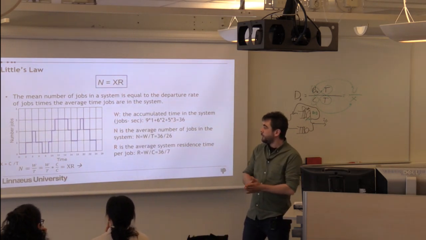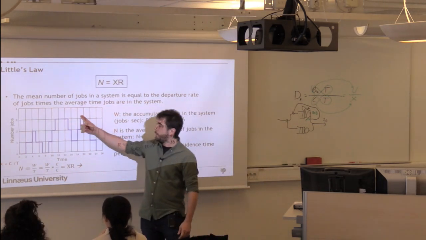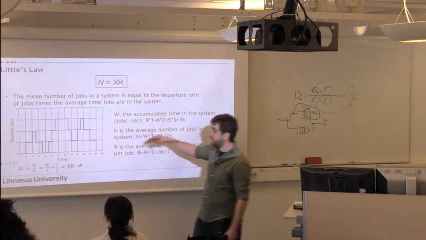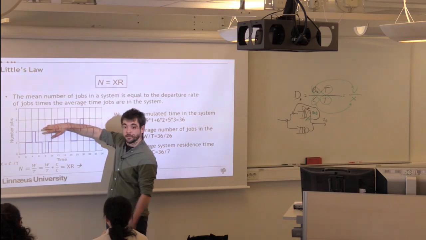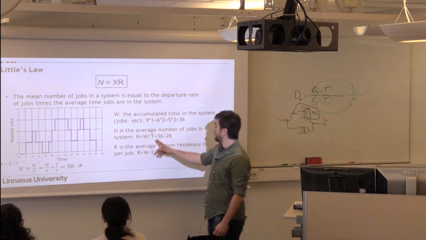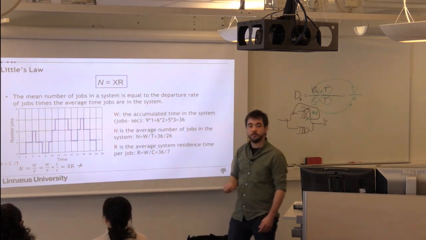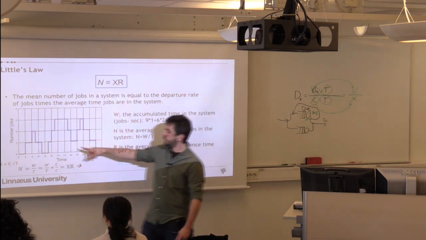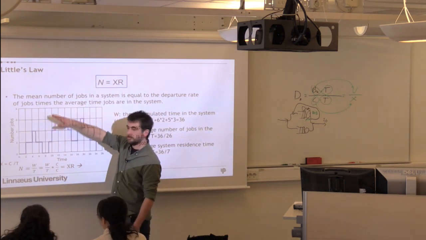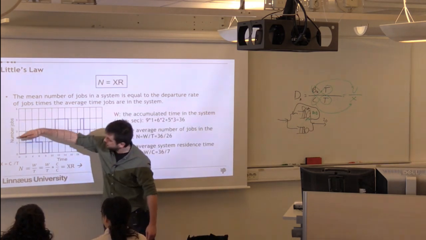The average number of jobs in the system is the accumulated time divided by the time we observe it, like the average of this line. So it's 36 divided by 26, the amount of time we observe it. Sometimes there are 0, sometimes 1, sometimes 2, sometimes 3, and on average we should reach 36 divided by 26, so 1 point something.